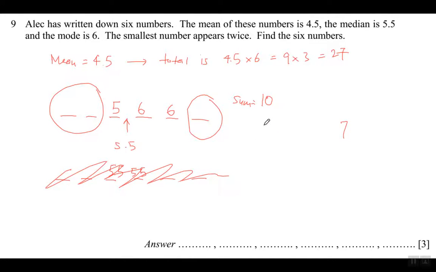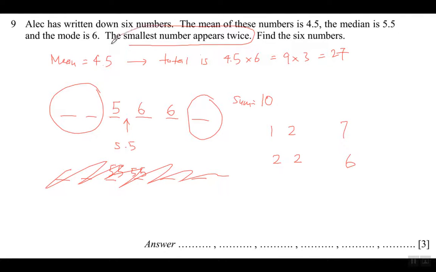Can it be 7? If it's 7, then you have 1 and 2, so 1 and 2 and 7. Okay, possible. How about 6? If it's 6, then you are left with 4, so 2 and 2 and 4.